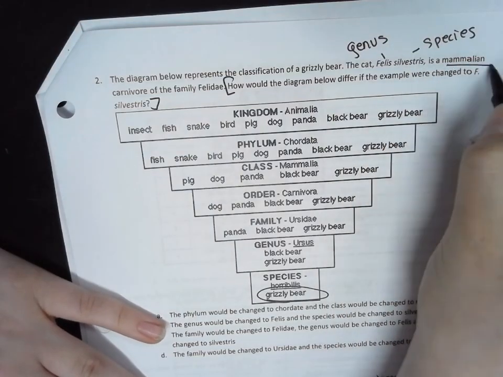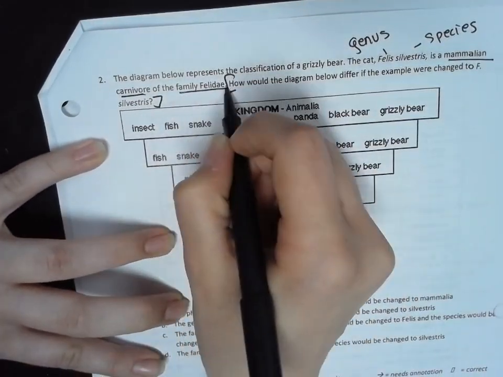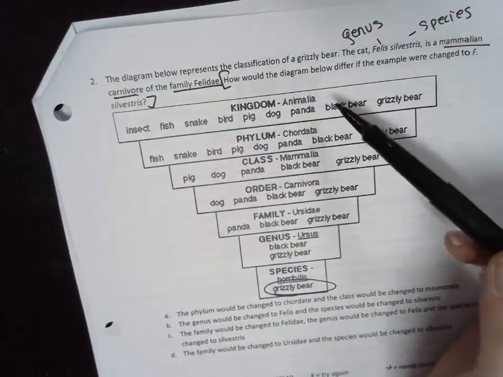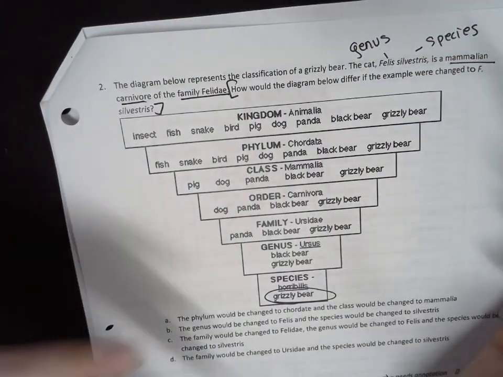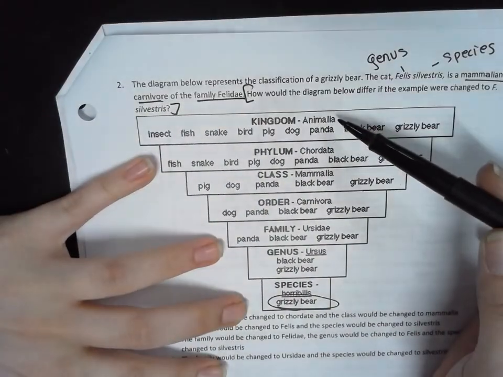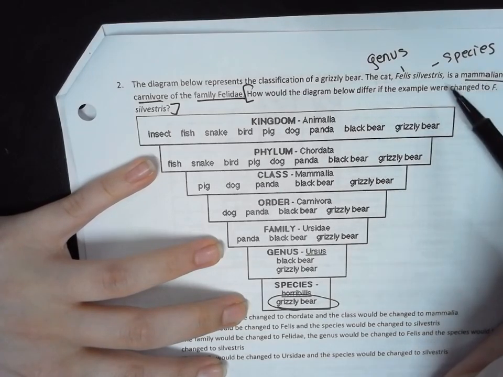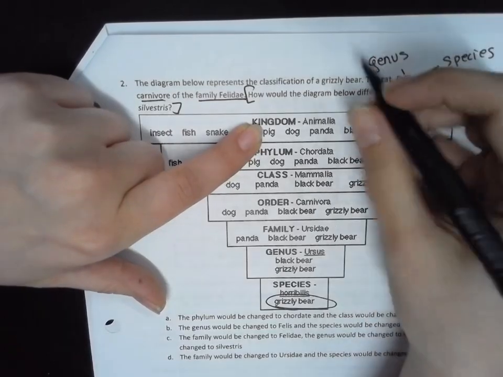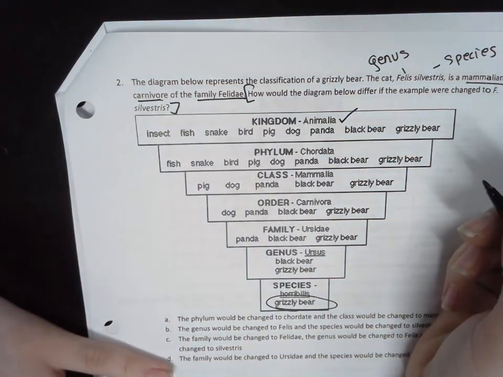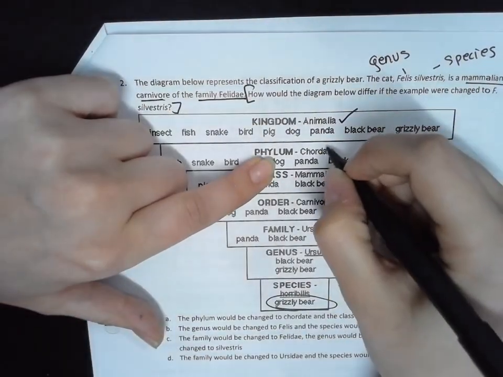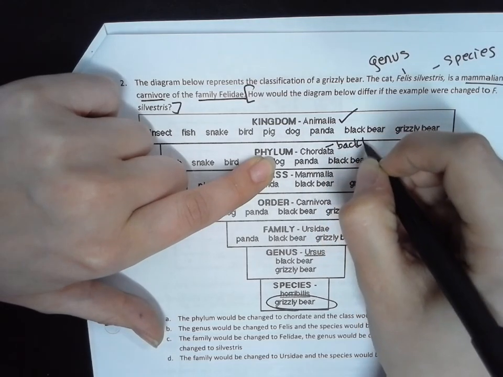It is a mammalian carnivore of the family Felidae. So this is asking me, how would this change? All I do is match what I see here to what information they gave me about the cat. I know a cat is an animal, that's Animalia, so we're good. Chordata just means it has a backbone or a spine.